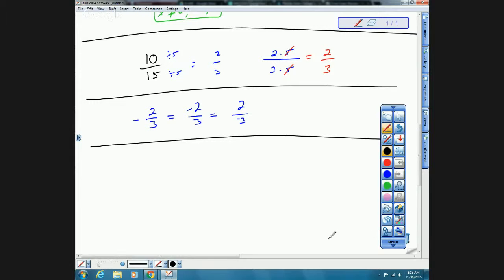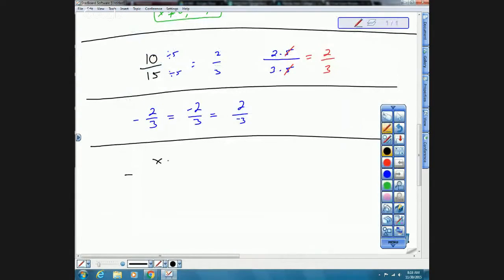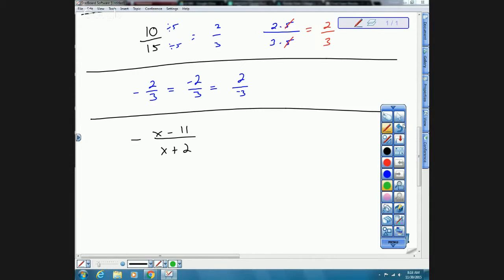So this question right here says to write it in 4 equivalent different ways. So here I have a negative fraction. Just like we did up here with 2/3, I can do a negative of the top and keep the bottom just like it is. Or I could keep the top like it is and do a negative of the bottom.